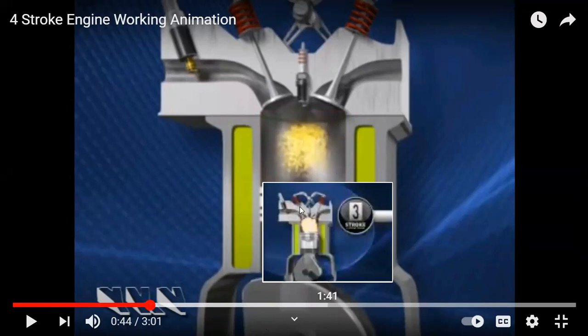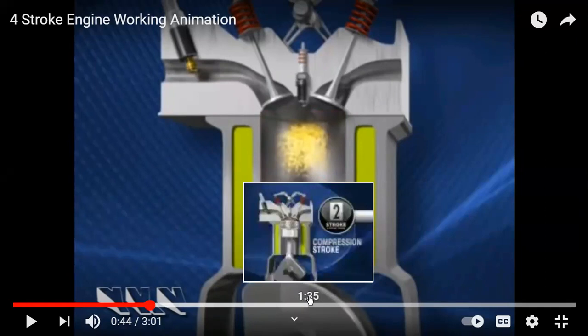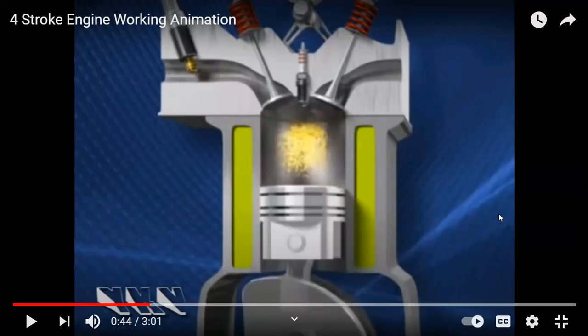So for the 4-stroke engine, for each stroke there is a 180-degree rotation of the crankshaft. How much rotation does one stroke take? That is 180 degrees. And for one complete cycle, meaning 2 strokes, it is 360 degrees. So for 4 strokes there are 2 cycles.